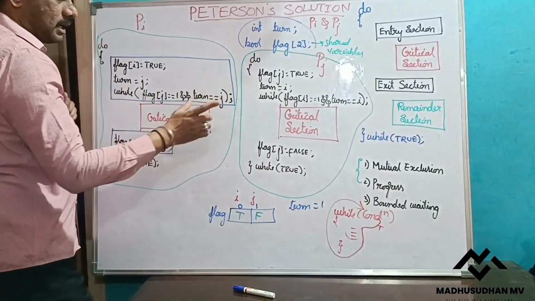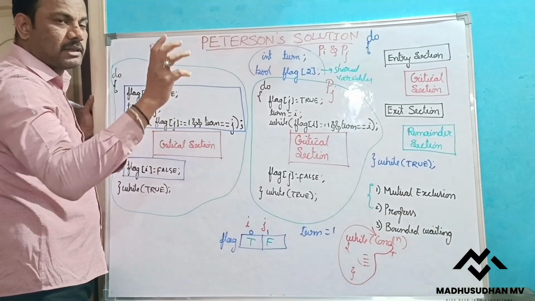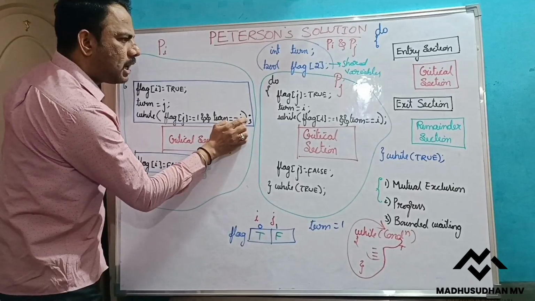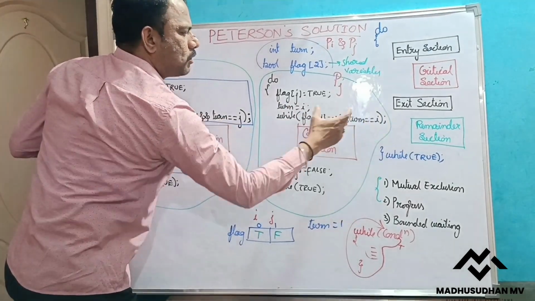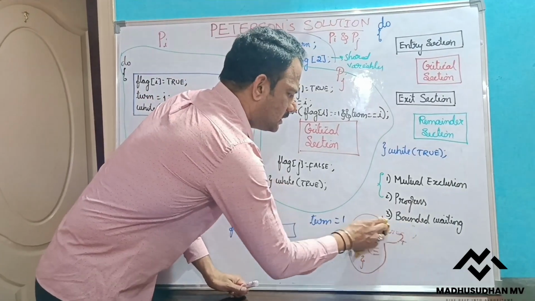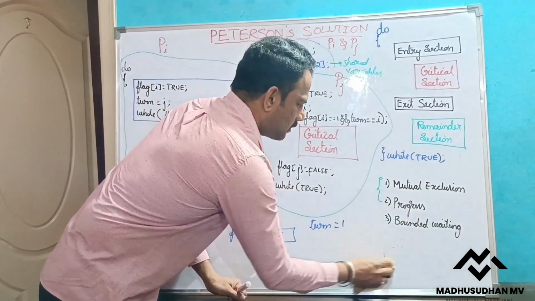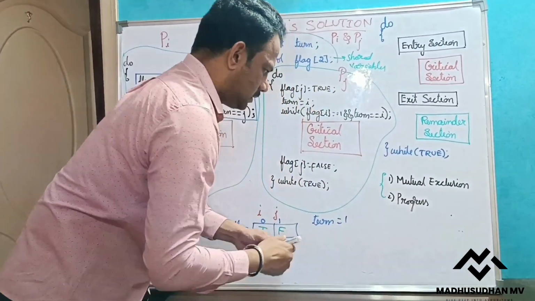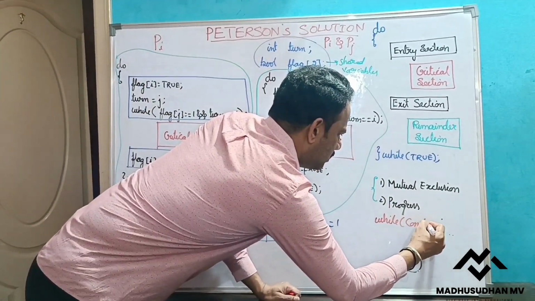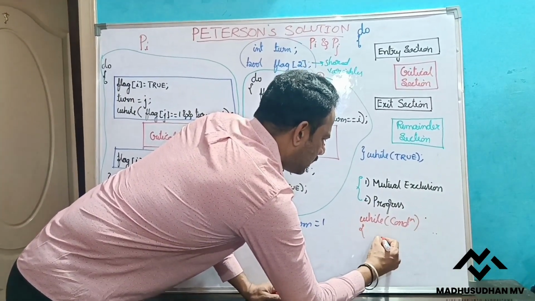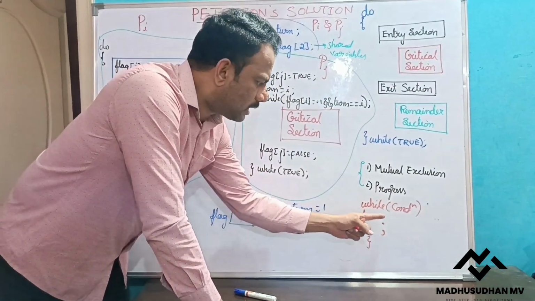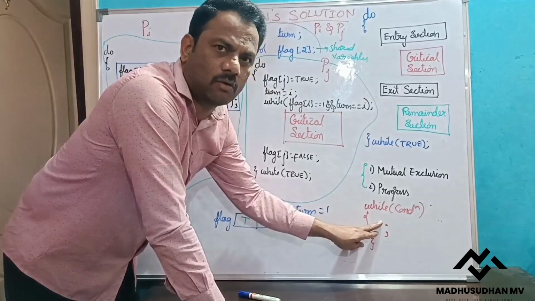But here, generally we know that for the conditional statement there should not be a semicolon, but I have written a semicolon for the while. Why? Because this is exactly like: while some condition, and inside the while loop I have not written any other statement, simply a semicolon.